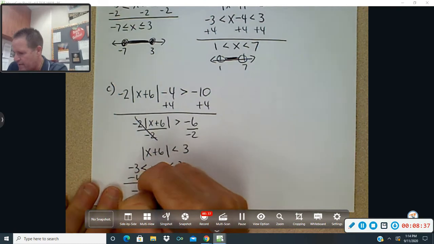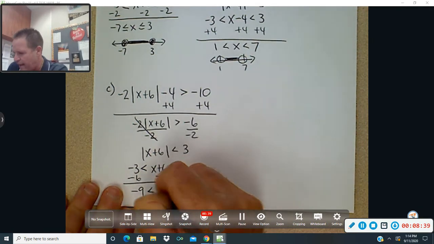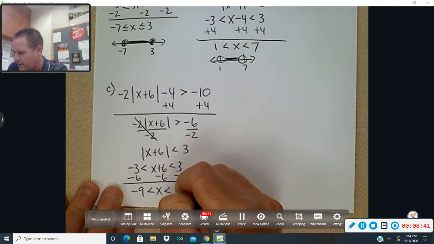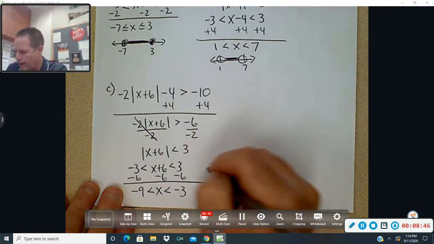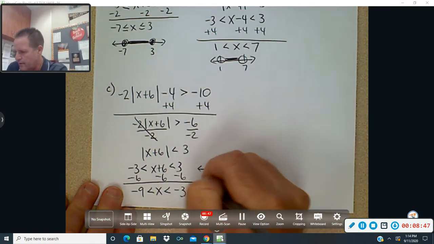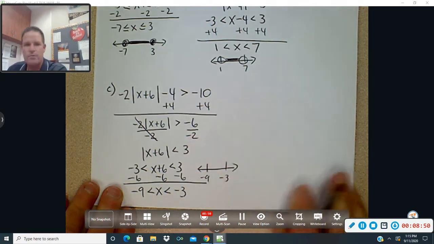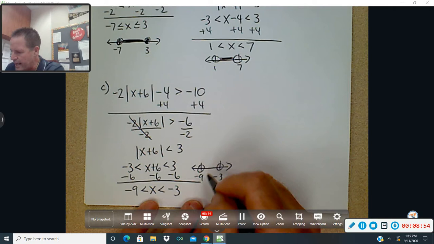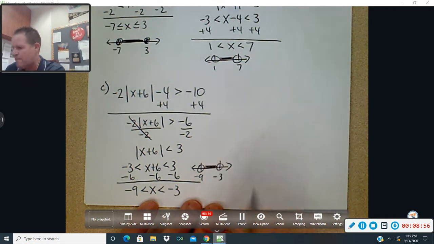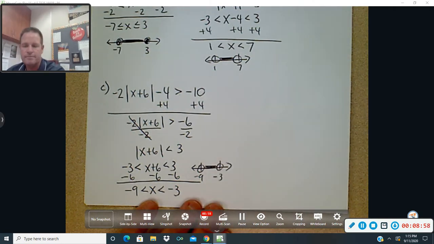We got negative 9 is less than x is less than negative 3. And now on your number line, negative 9 over here, negative 3 over there. Circles at both. They will not get colored in, and it's a sandwich. Everything in the middle gets shaded.